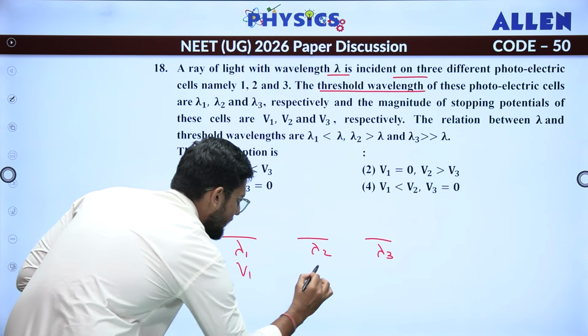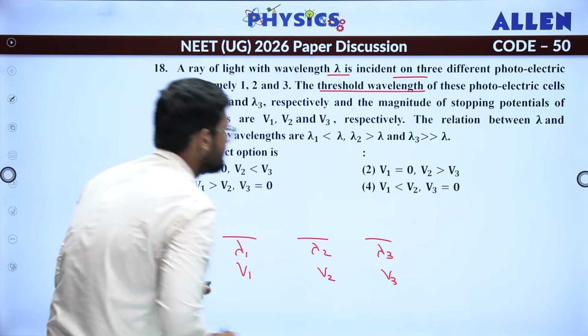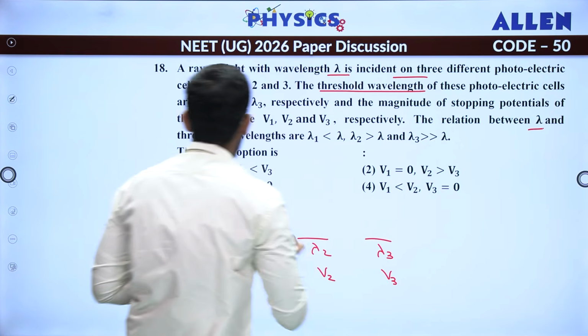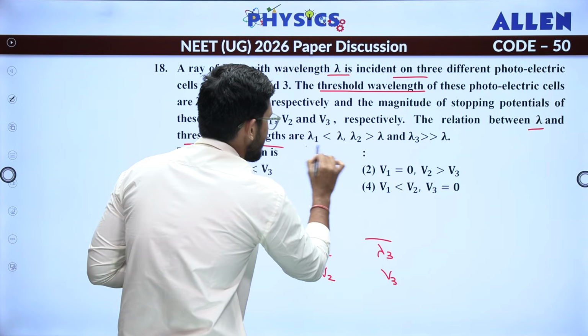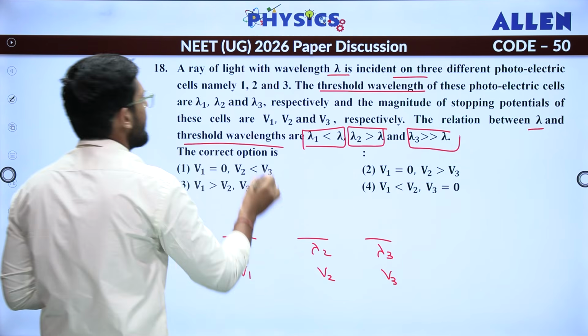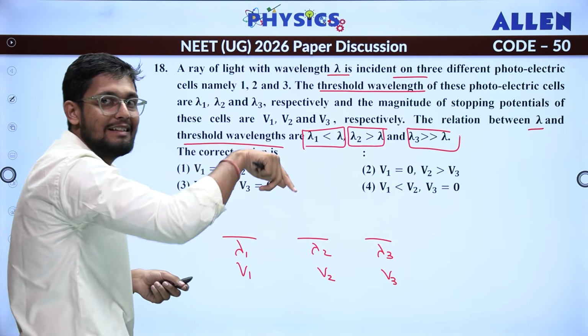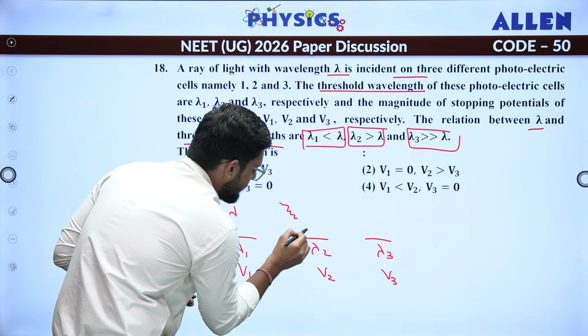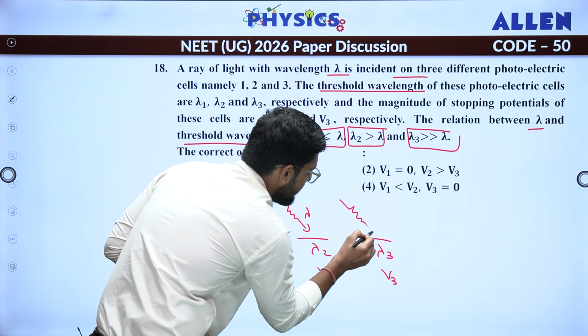The relation between lambda and the threshold wavelengths is given to you. These are the 3 relations which are given. And in this case, lambda is the light which is incident, so over here also this is lambda, and over here also this is lambda.